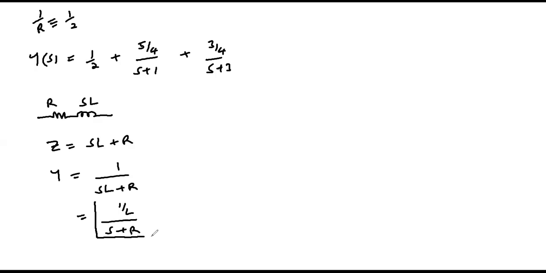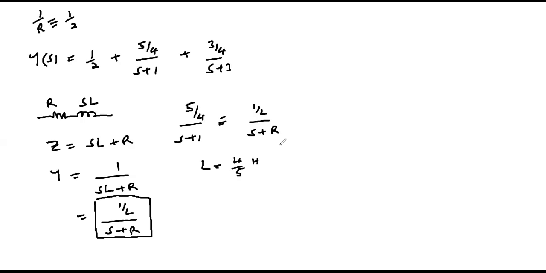And this is what we compare with our next two partial parts. For (5/4) over (s plus 1), we compare this with (1/L) over (s plus R/L). 5/4 is equal to 1 over L, and therefore L will be the reciprocal, which is 4/5 Henry.